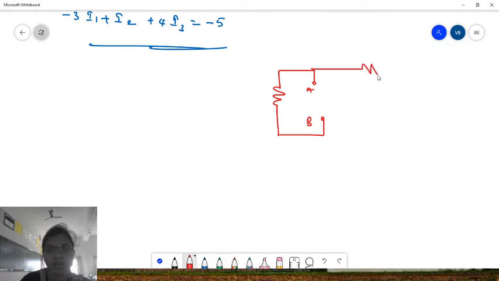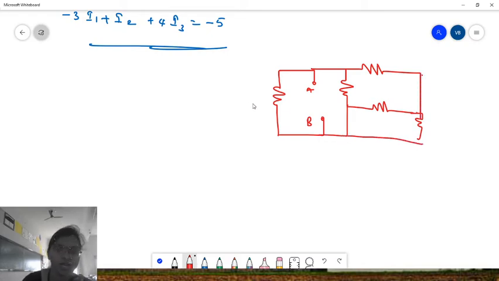So here you have a resistor, and here you have another resistor and resistor. So this is a network with values of 10 kilo ohms, this is 4 kilo ohms, this is 3 kilo ohms, 5 kilo ohms, and 4.7 kilo ohms.